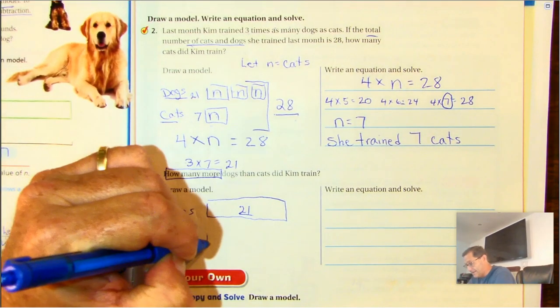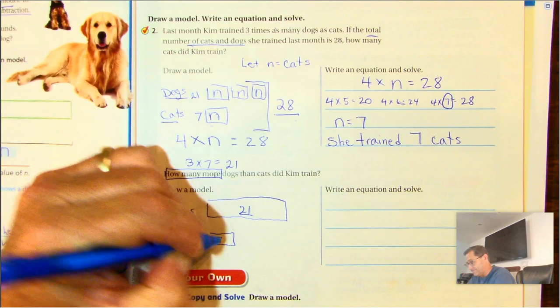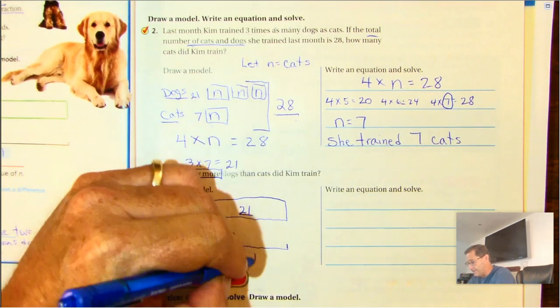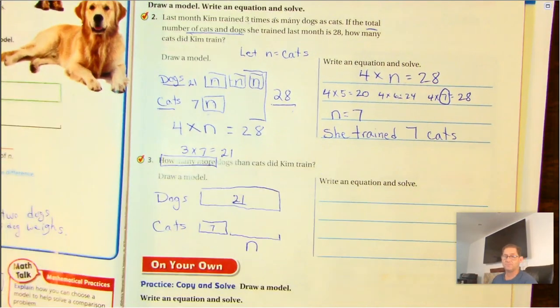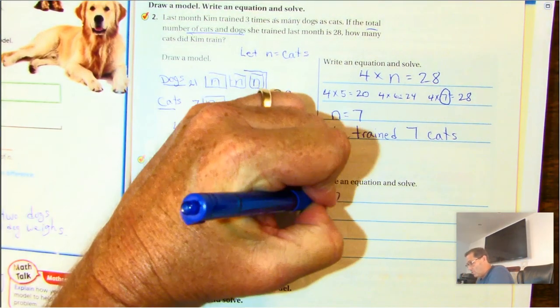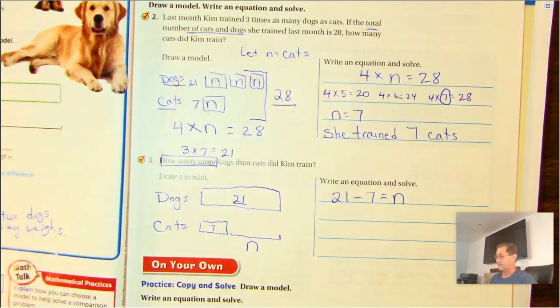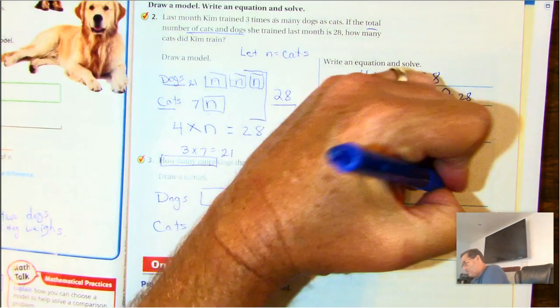And we know that the cat's was only 7. So we have this gap here that we have to solve. That's going to be our n. And that's the part we don't know. So we know that there's more dogs. So 21 take away 7 equals the difference. And 21 take away 7.